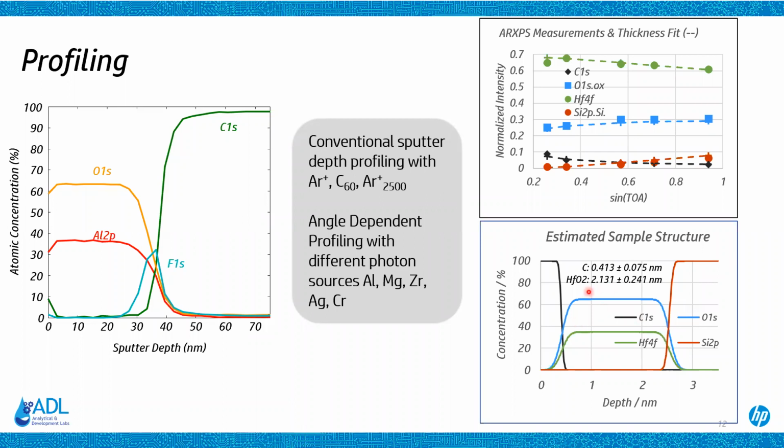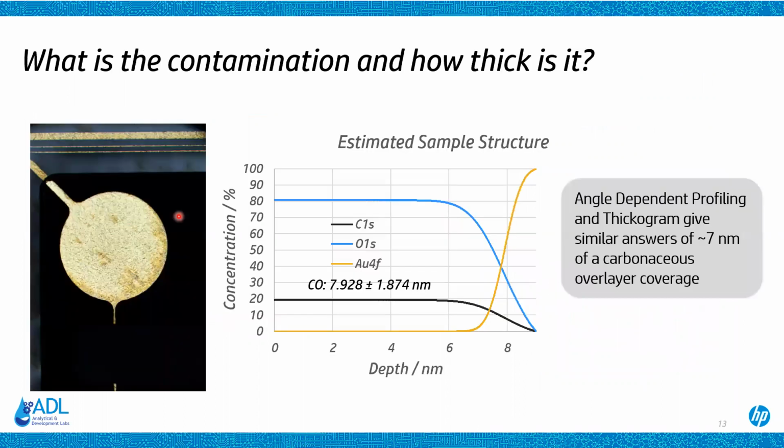I think I said 20 nanometers. It's a 20 angstrom film. So this actually makes it fairly understandable. But going back to our bond pad, if I do an angular profile on this and then calculate what the thickness is, this comes out to be about 7 nanometers. If I use the nomogram method, it also comes out to be 7 nanometers.